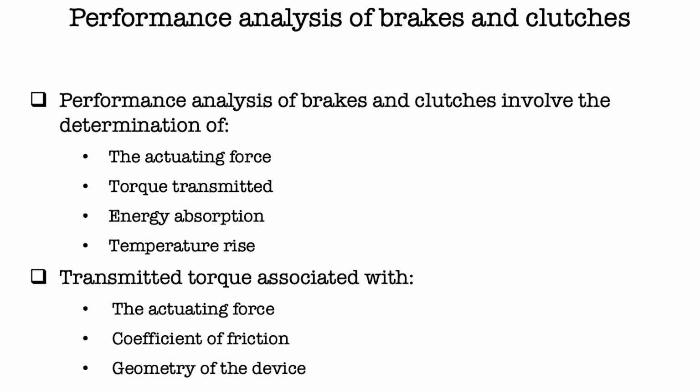In our content, we will investigate the first two performance analyses only, which are the actuating force and torque transmitted. The torque transmitted is associated with the actuating force, coefficient of friction, and geometry of the device. Changes in these three parameters will change the amount of torque transmitted.